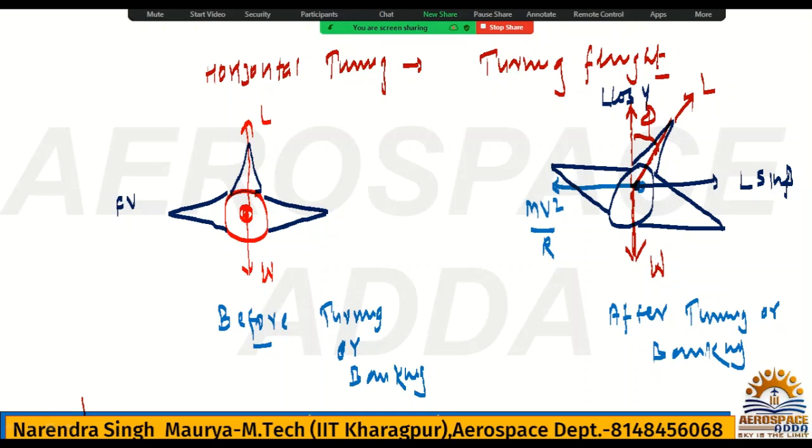But at the same time, from the vertical plane, your cycle will bank. I mean, from the vertical plane it will tilt, better to say tilt. If you are tilting your cycle during the turning, then only turning is possible, otherwise you may not. Okay, hope you understood.